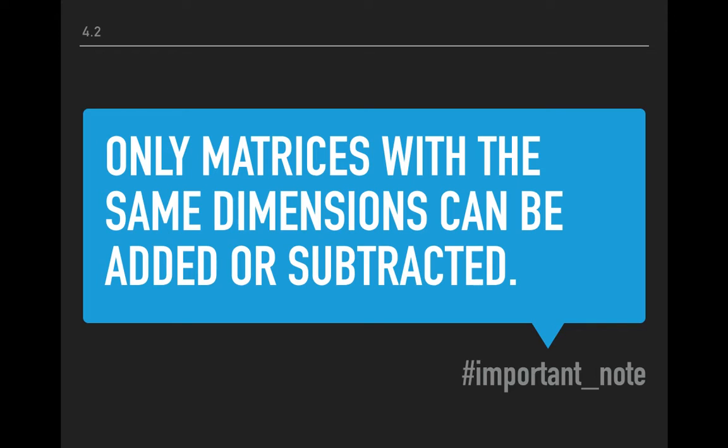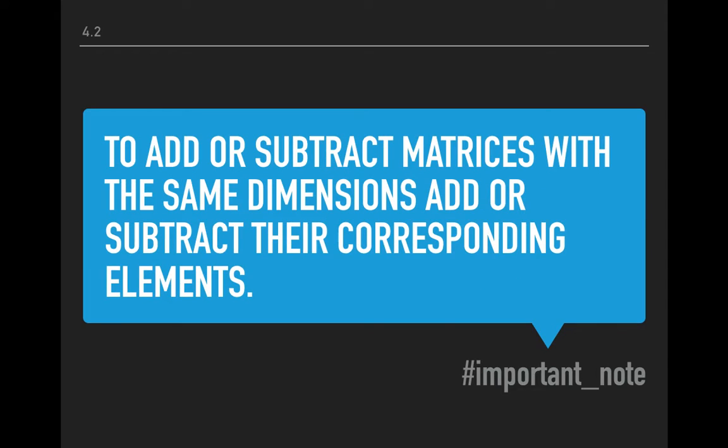They have to be similar like that to be able to add them. So they have to have the same dimensions. And when it comes to adding and subtracting the matrices, first of all, remember they have to have the same dimensions, and then you're just going to add or subtract their corresponding elements.